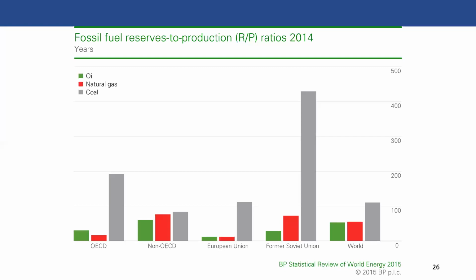Because you have more reserves, but you also are using more. So I don't know what the ratio looks like. Thanks. Yeah, exactly. So if the column is higher, it lasts for a longer time. Exactly. So basically, this is the number of years that the resource would last.